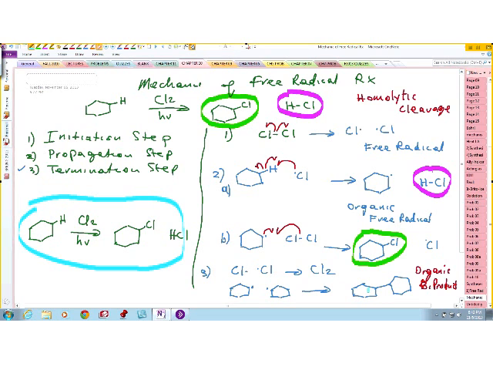If I don't ask that, and I say give me the mechanism for how we go from here to here, then you have to give me this mechanism, and at that point you could use any free radical to terminate the process.